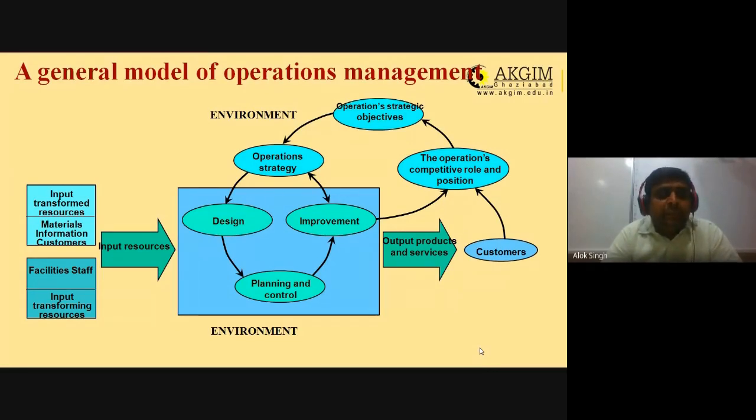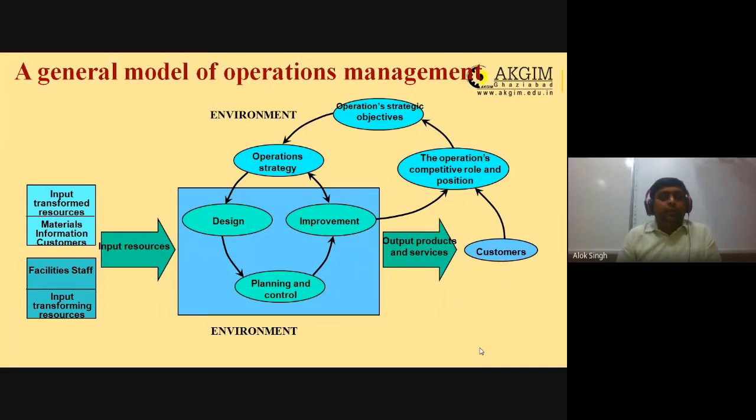The next type of input is input transforming resources. What are transforming resources? The resources that you are transforming during production, like facility, staff, labor, and machinery. Why transforming?